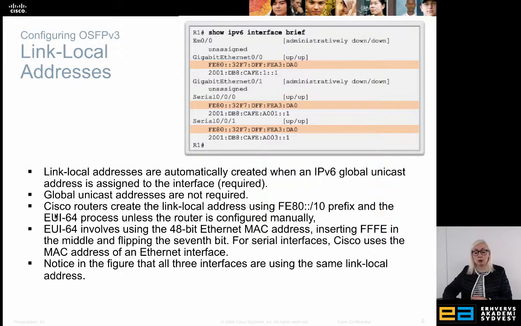This is what is called EUI-64: it takes the MAC address, which is a 48-bit address, and puts that into the host part of the IP version 6 address, which is 64 bits, and then it puts in extra bits in the middle, and it flips the 7th bit, because then we will have a unique number on our interface. So it will be given to us if we don't do it.